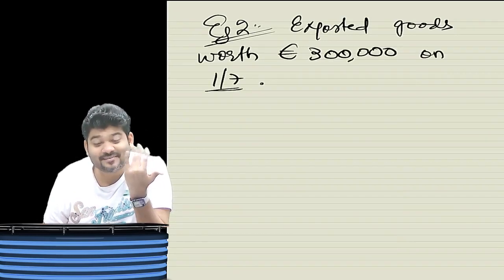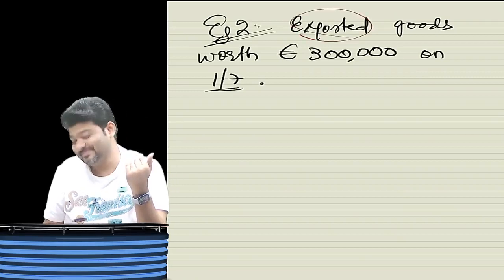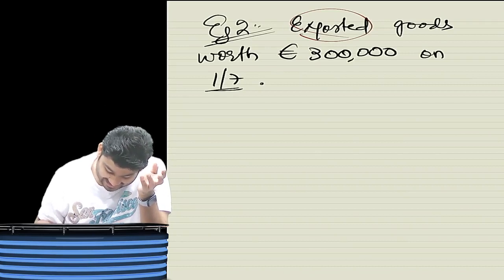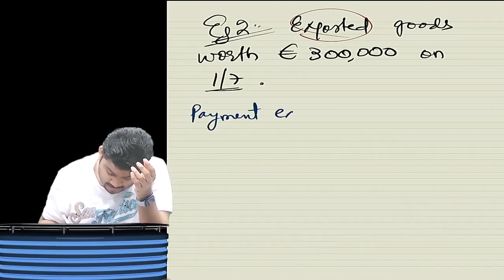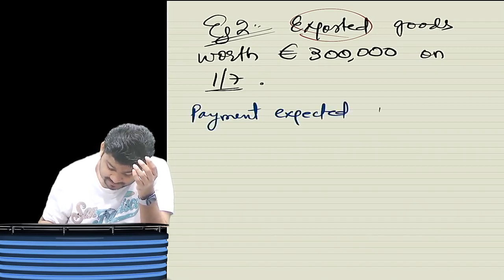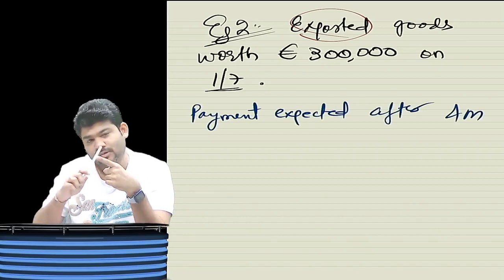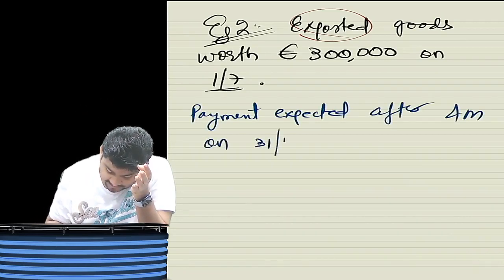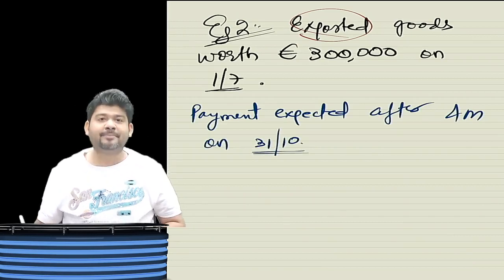Now I ask him, okay, when is the payment expected? Now you have become the exporter. He's saying that yes, payment is expected after 4 months. Payment will come after 4 months. Very good. So July, August, September, October, so on 31st of October. You're like, yeah, that's really good. Very happy.